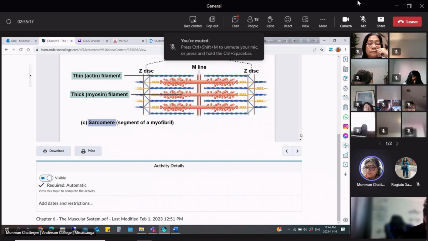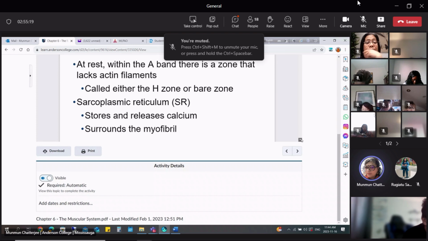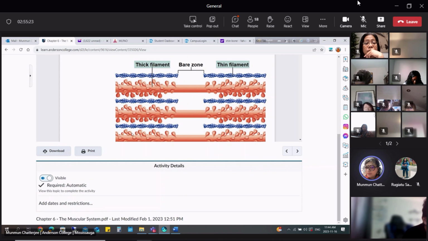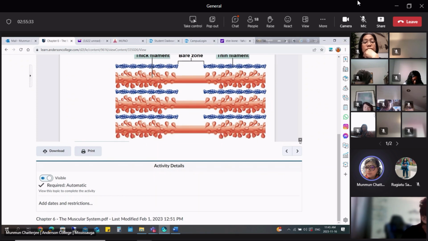This is the zone where there is nothing, between the thick filament and thin filament. Here the actual gliding movement of the muscles takes place. Gliding, sliding, whatever it is.